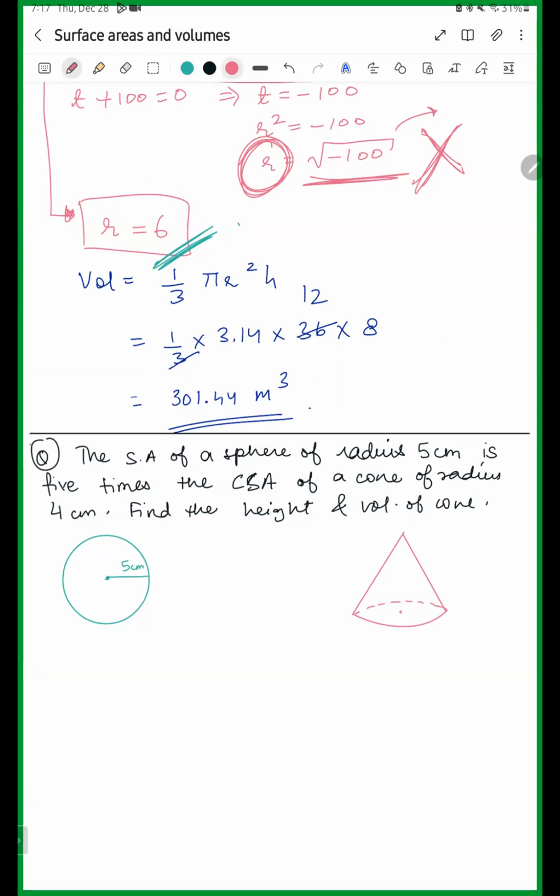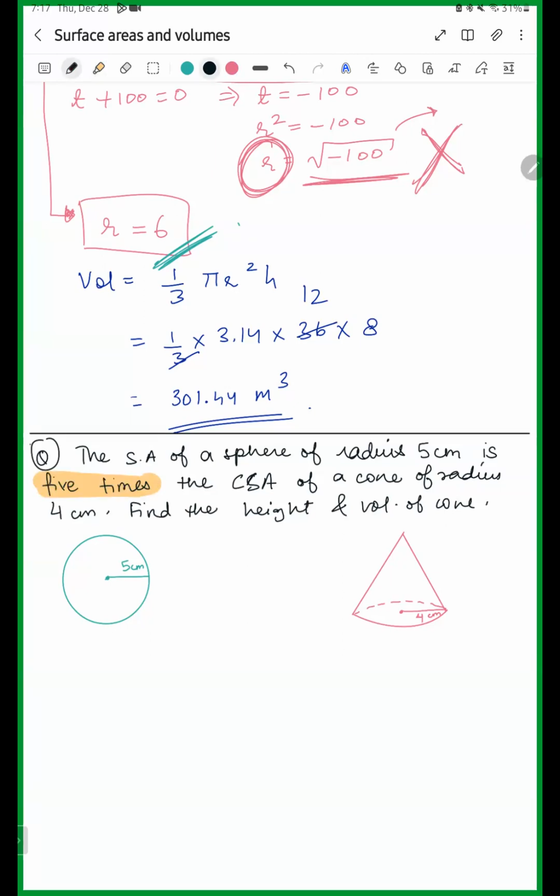It's given in the question. And one more thing is given, that the surface area of the sphere is 5 times the curved surface area of the cone.